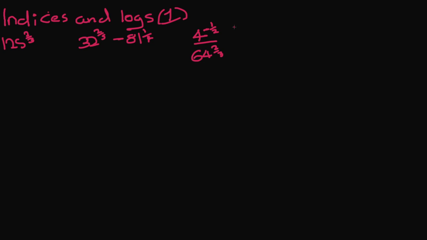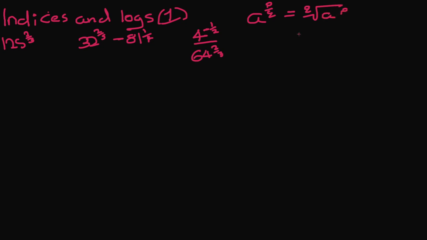Okay, so I'm going to write out the relevant rules of indices for these questions. So one of the rules will be a to the power of p over q, which is equal to the q-th root of a to the power of p.